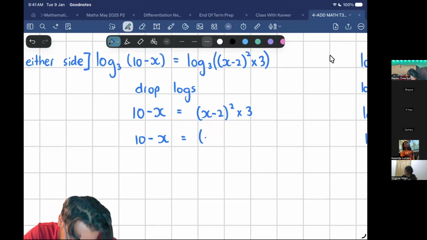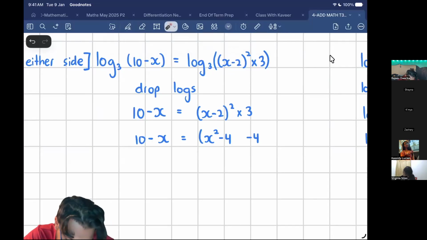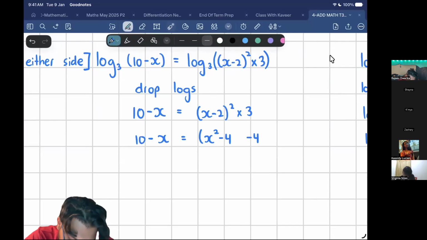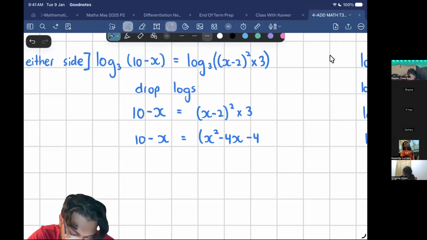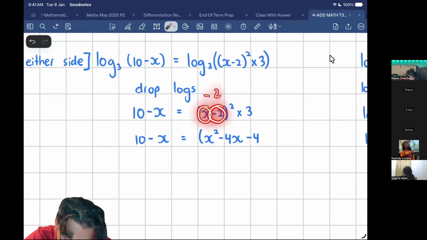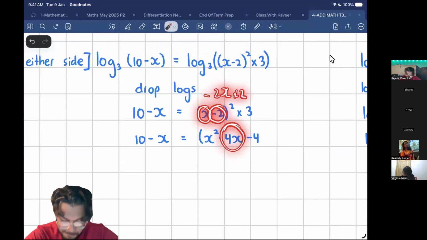That will be x squared, and on the outside will be minus 4x, because x by minus 2 is minus 2x, minus 2x by 2 is minus 4x.